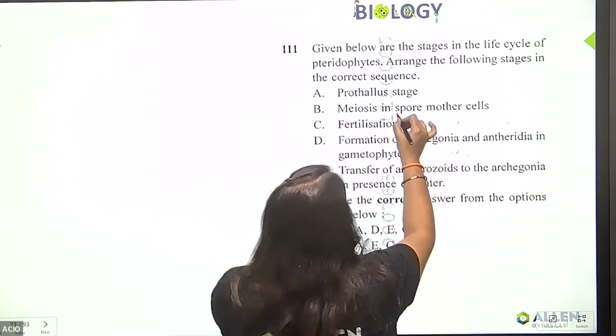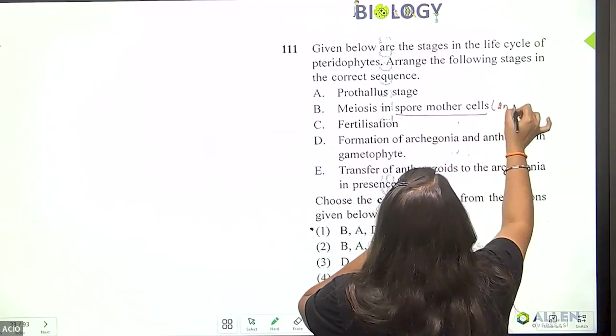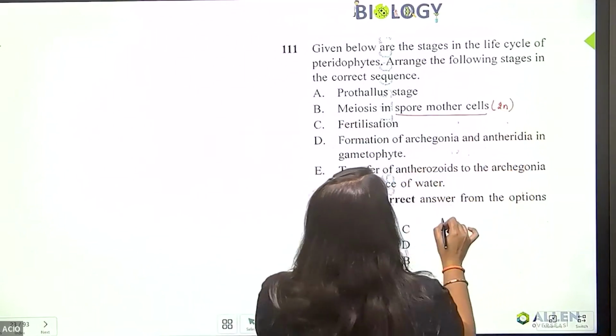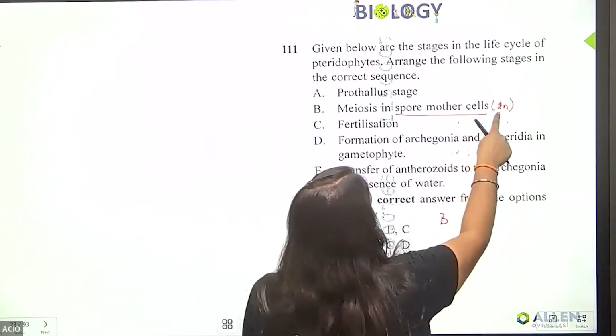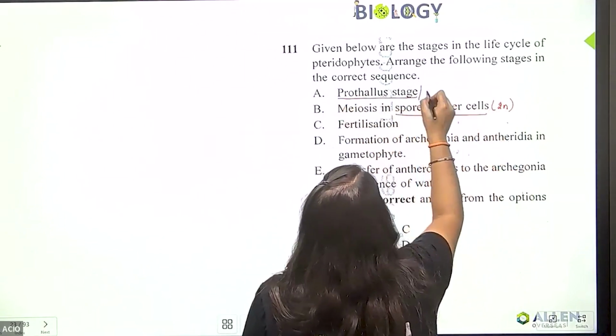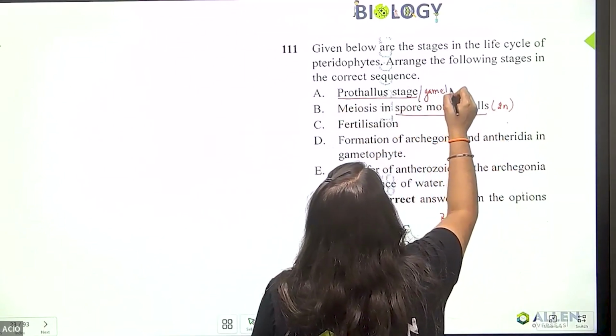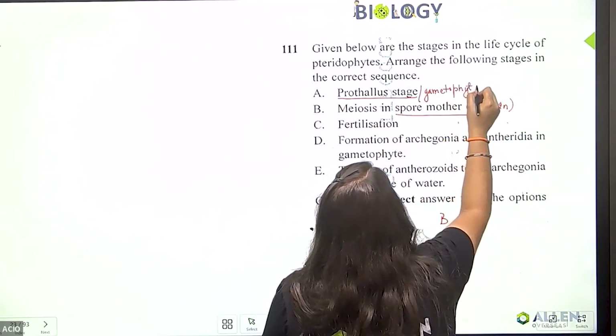Spore mother cell is 2n, so we are going to start with 2n because the body is diploid, that is the sporophytic plant body. Then it will undergo meiosis and will form prothallus, also called as what? Gametophyte.